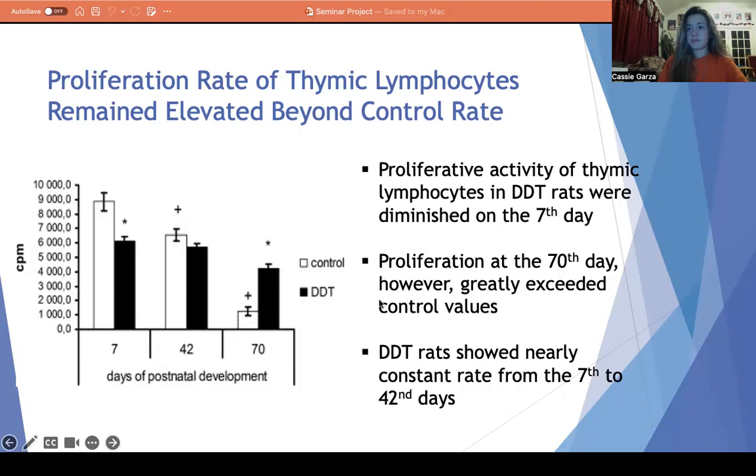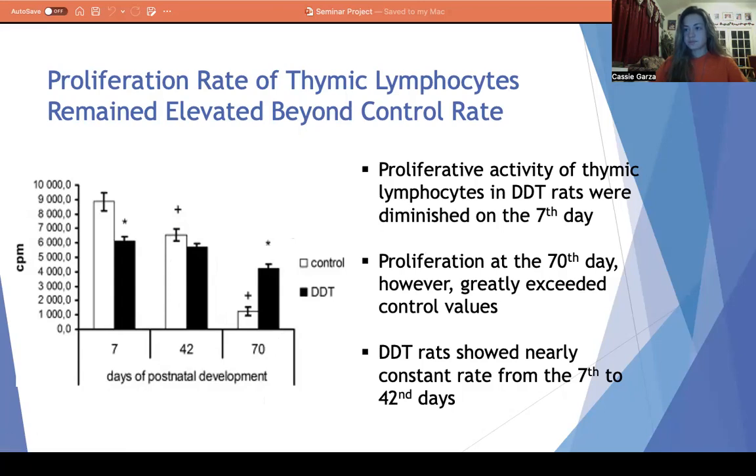So if we move on to the 70th day, you can see a sharp decline in the control samples, where the proliferation rate of the T cells greatly dropped by the 70th day, which is the adulthood marker, right? But if we look at the DDT cells, they actually remained quite elevated. They did decrease a little bit, but they're definitely beyond the level that it should be.